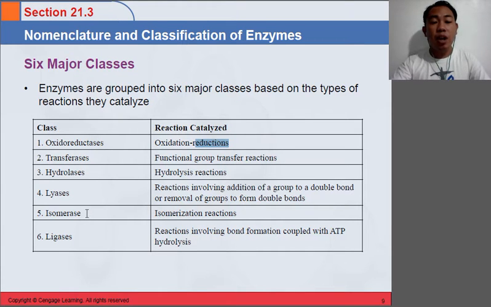Next, we have the isomerase. The reaction is isomerization reactions. We have the ligase. That means reactions involving bond formation coupled with the adenosine triphosphate hydrolysis. So these are the six major classes of enzymes based on the types of reactions they catalyze.